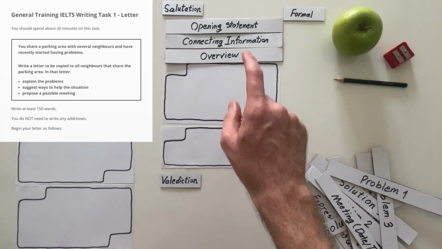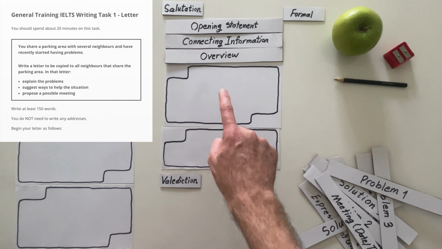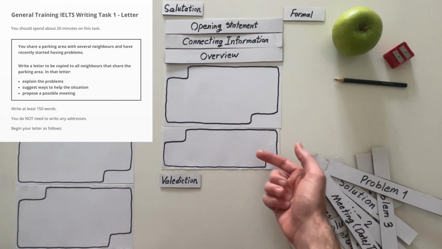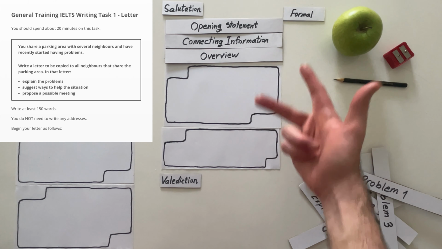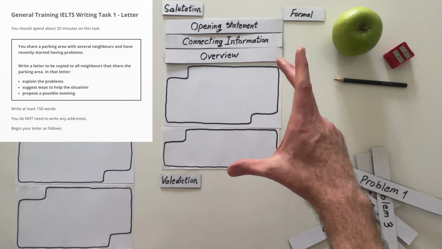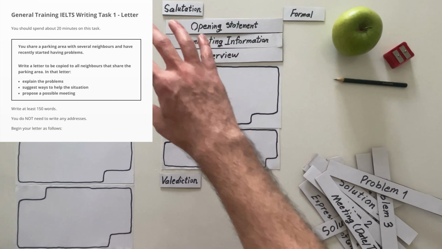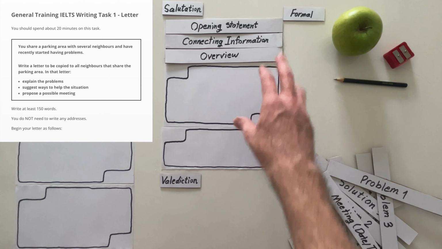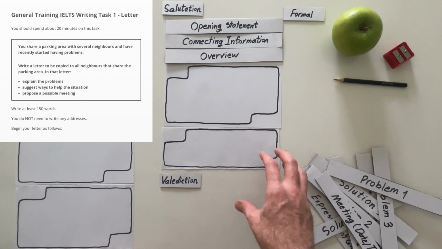Now let's focus on the body paragraphs. Usually, because we are going to write 150 words, if we consider these two paragraphs, each 30, 40 words, that would mean half of the word count you need will be occupied by your introduction, which is the opening statement or opening paragraph, and then the closing paragraph.